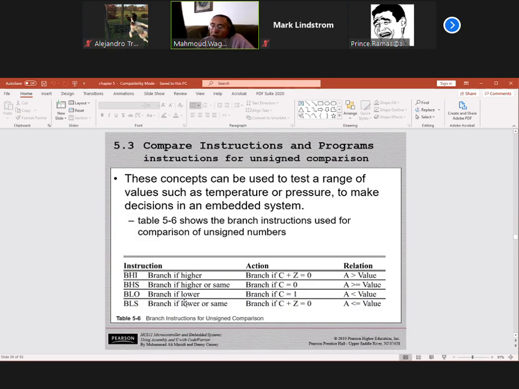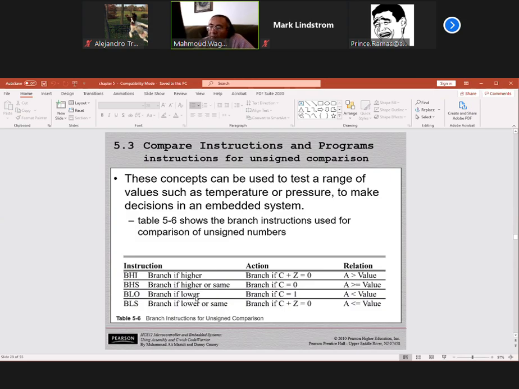Let's do something opposite here. Branch if lower. Lower, you have to say C is equal to 1, because we need to understand what lower is opposite to. Lower is opposite to higher or same, actually.